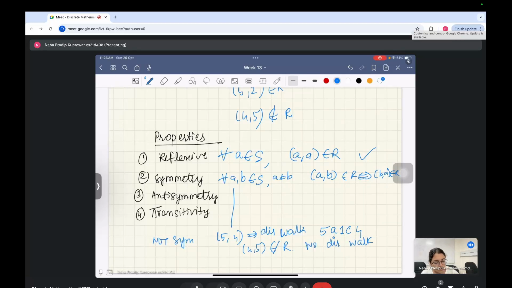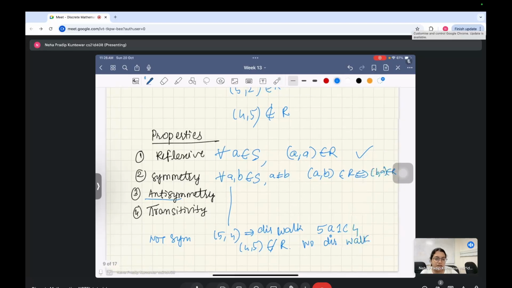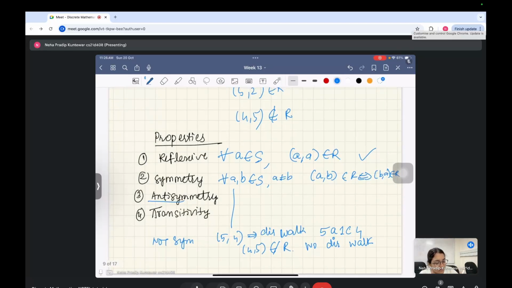Okay, and let us look at antisymmetry. What does antisymmetry say? Antisymmetry says that if AB is related, then BA is not related unless A is equal to B. So if A and B are two distinct elements, then either AB is related or BA is related.